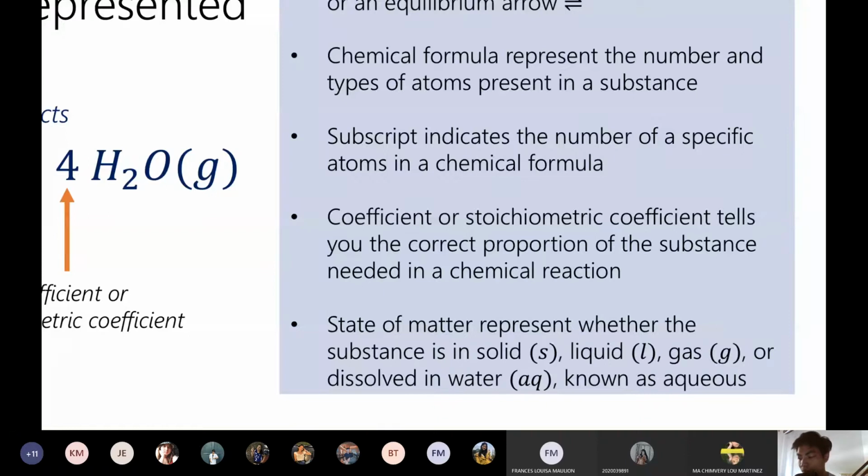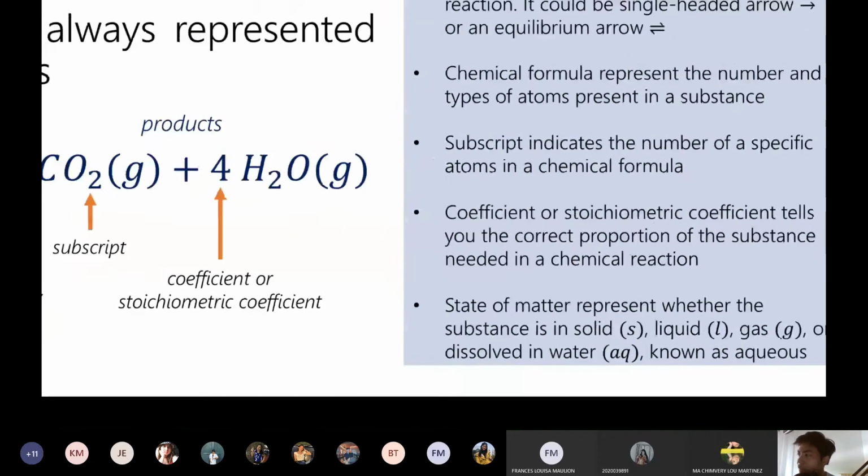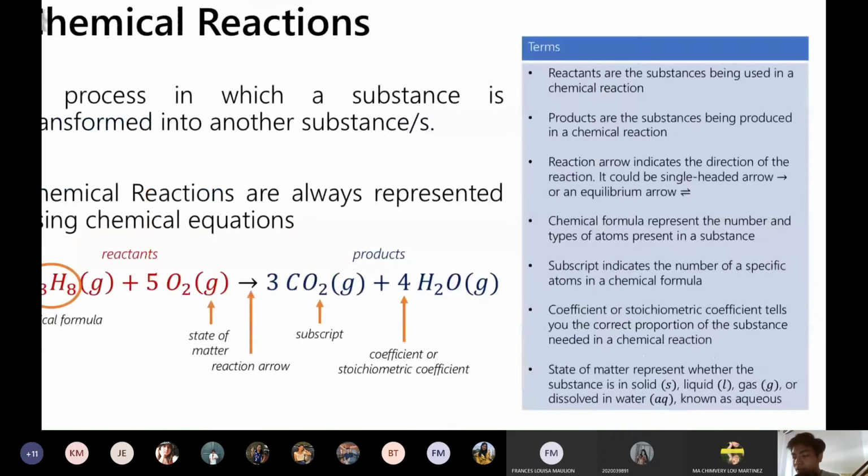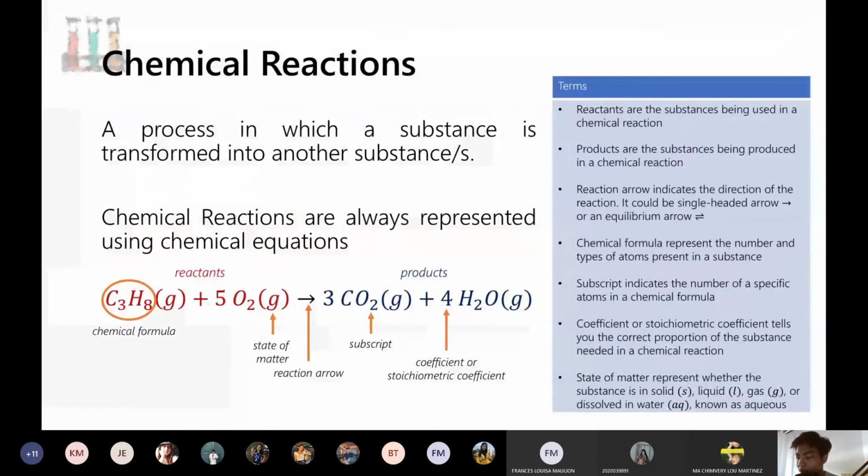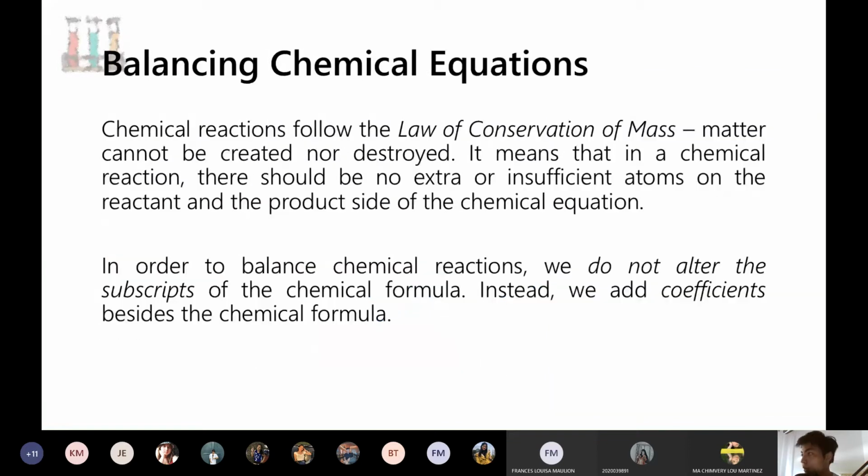Depende sa pagka-pronounce, both are acceptable naman. So iba-iba yung states of matter depending on the case. Minsan nilalagay yan, minsan hindi na. No big deal naman masyado yan. So that's our chemical equation.